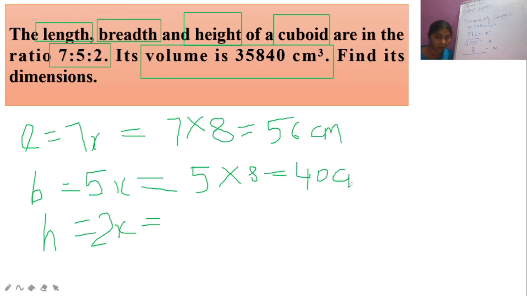Now for the height, we have 2 into 8, so we get 16 centimeter. So students, that way you can easily calculate the dimensions of this cuboid whose volume is given. The question can also be asked in this other way in your school.